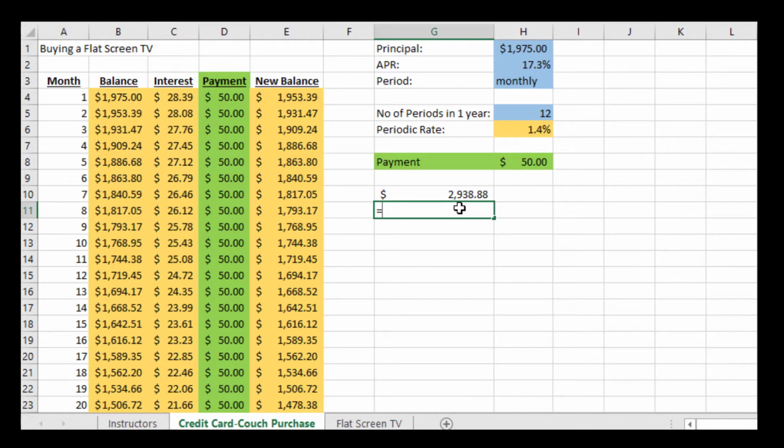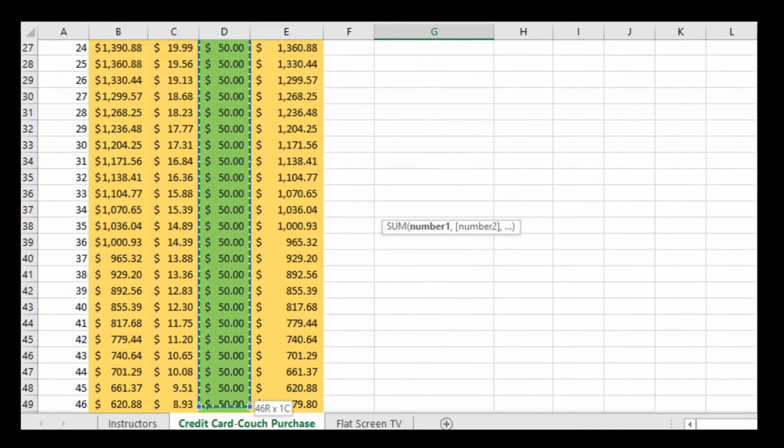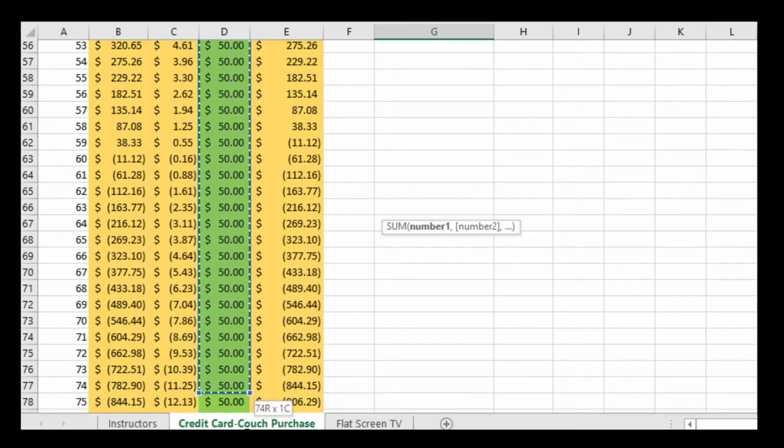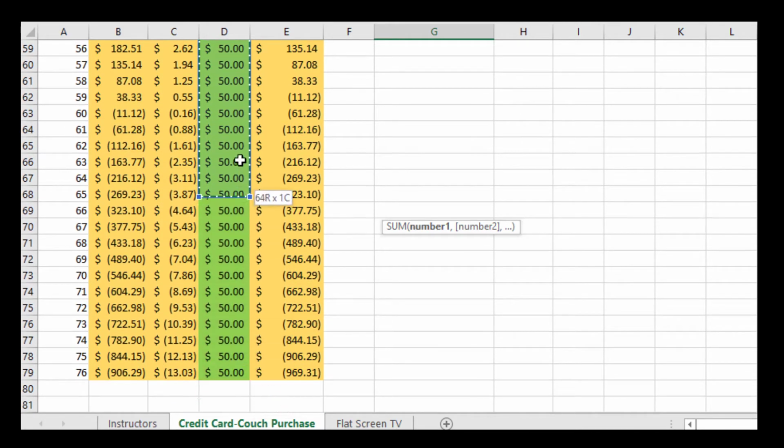All right, here's another way of doing it. Use a formula again. It's going to equal the sum of all the money that I paid. And I keep going down and down and down. And I went too far.